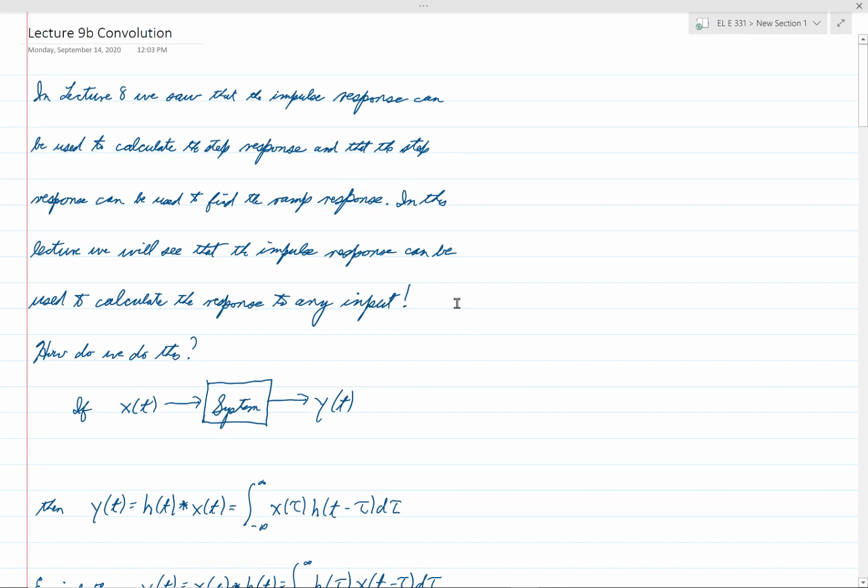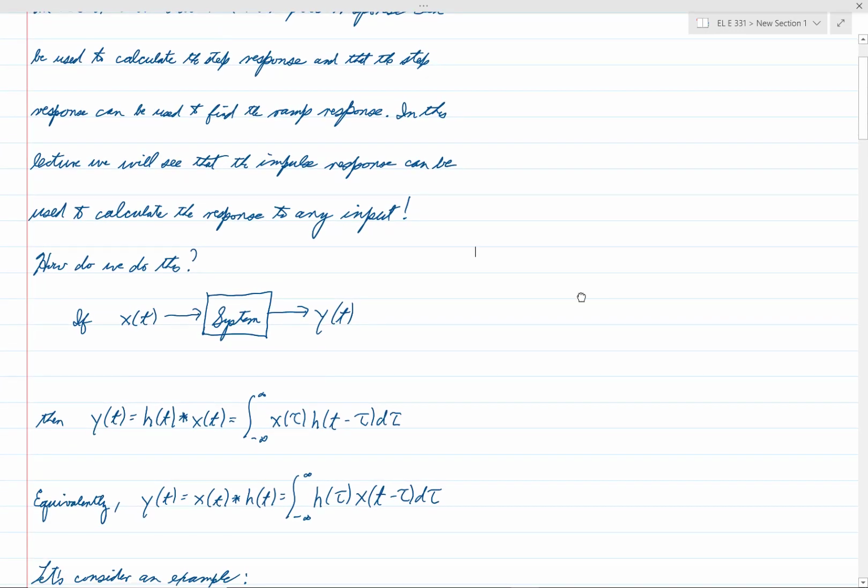And the way that's done is through something called convolution. So how does this go? Okay, we have a system, we have some input x, and the output is y, and we suppose that we know h. Remember, h is the impulse response of the system.